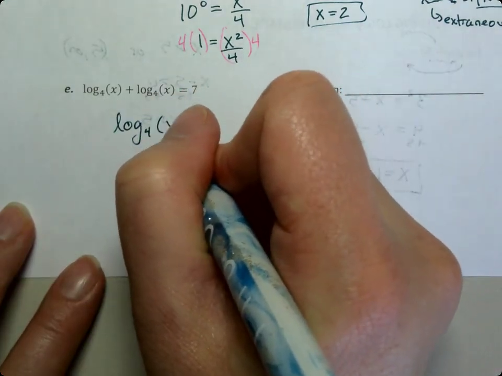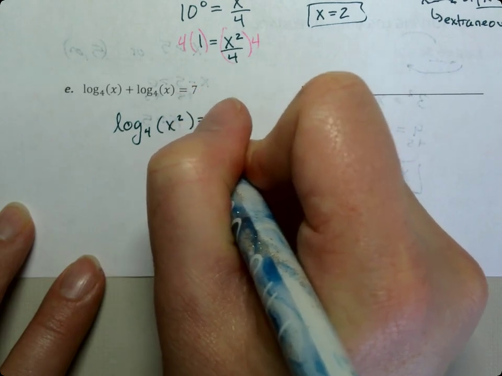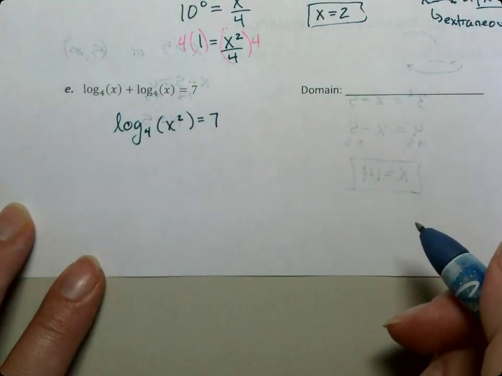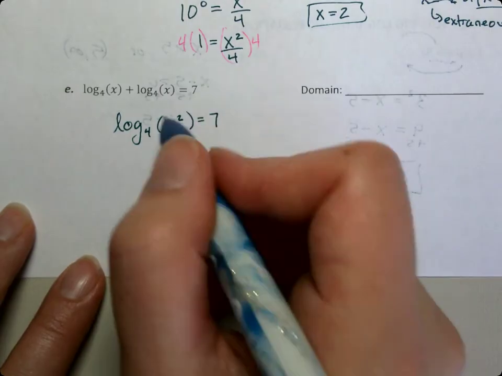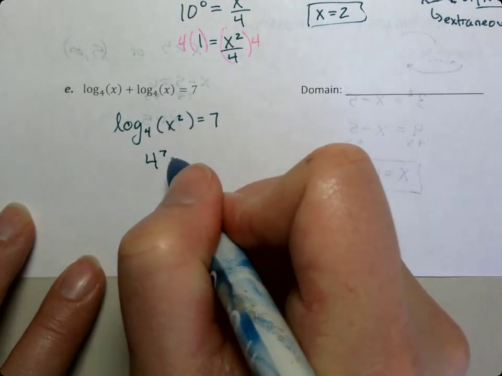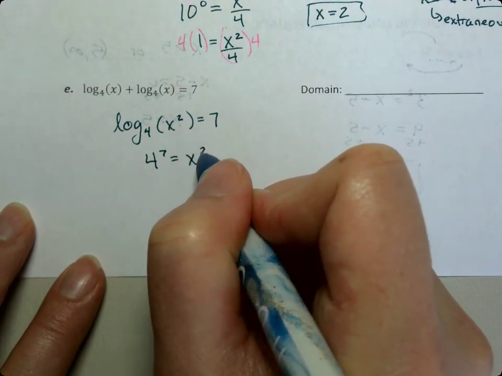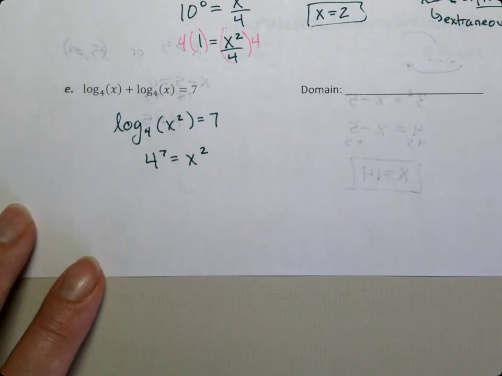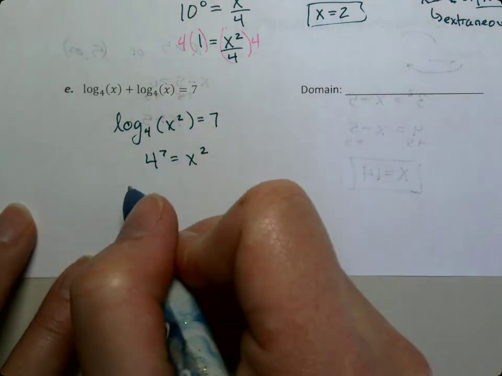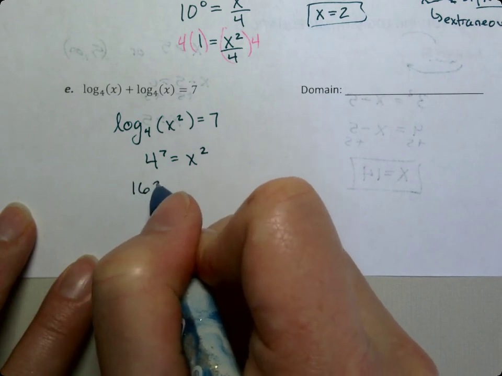So wouldn't this just be x squared equals 7? Logarithmic form doesn't help me. I need to figure out what this is, but exponential is 4 to the 7th equals x squared. I'm going to have to take 4 to the 7th and figure out what that is. That's a calculator number for me. Should be 16,384. Did anyone confirm that?